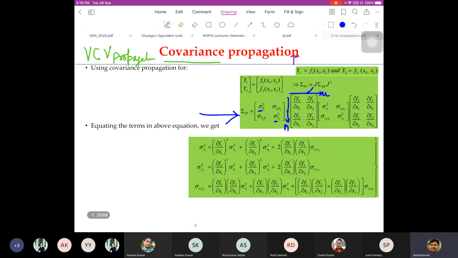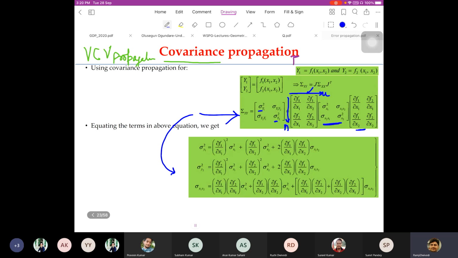That's why the matrix becomes 2 cross 2. Similarly, the input variance covariance matrix and the corresponding Jacobian transpose. So I hope it is very much clear, and that's what we were doing in the previous 2-3 classes. This is an extended version of the same, which we were interested in finding out.